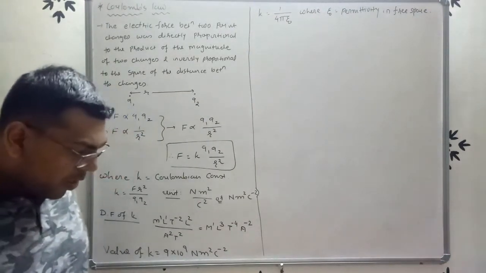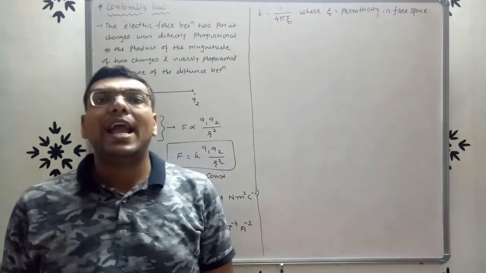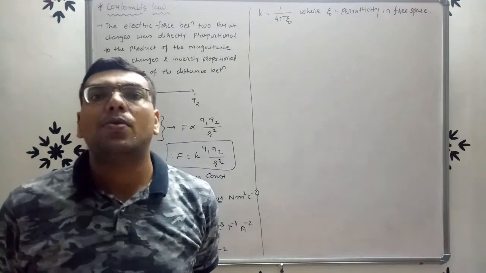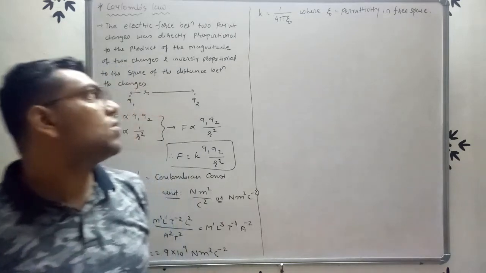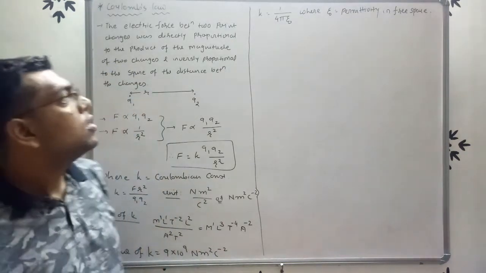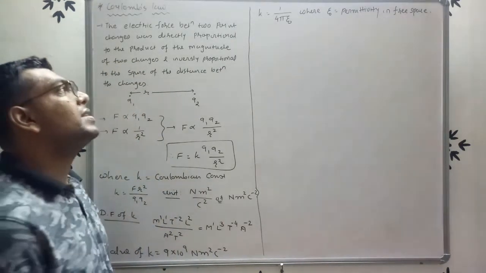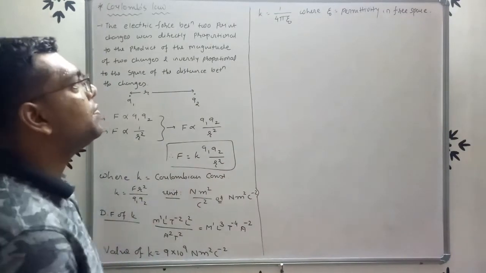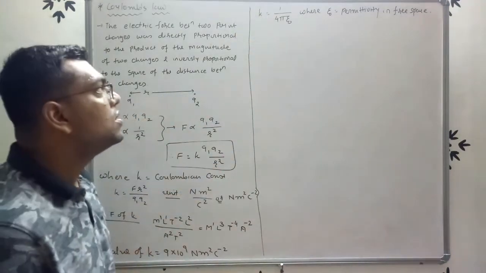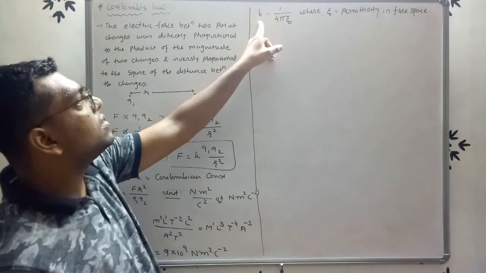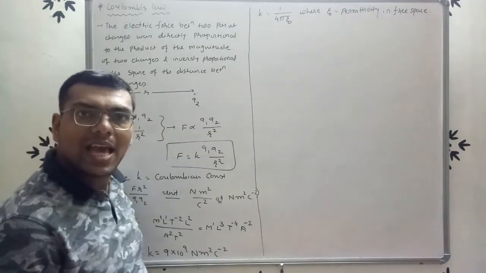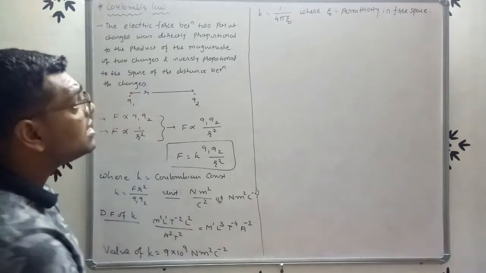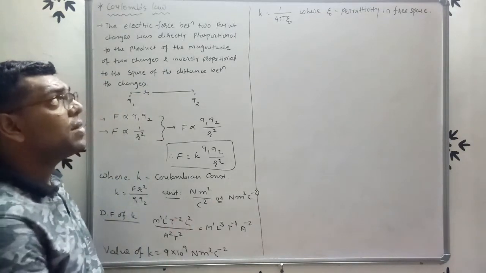Now, what is the unit and dimensional formula of permittivity in free space, or we can say vacuum? To find the unit and dimensional formula of epsilon 0, we have to formulate epsilon 0. We get epsilon 0 is equal to 1 upon 4 pi k. So epsilon 0 is the inverse of the Coulombian constant.